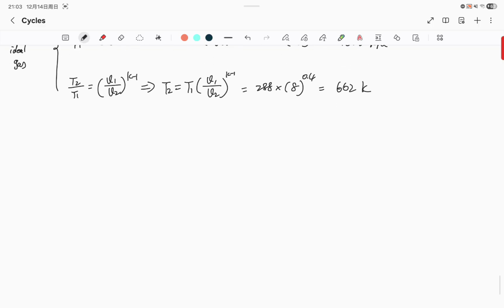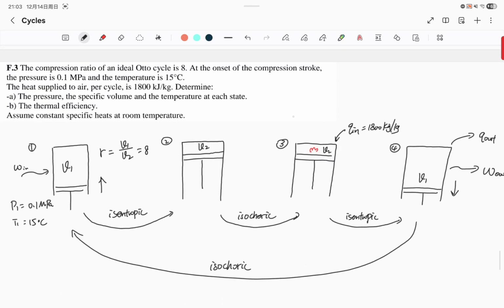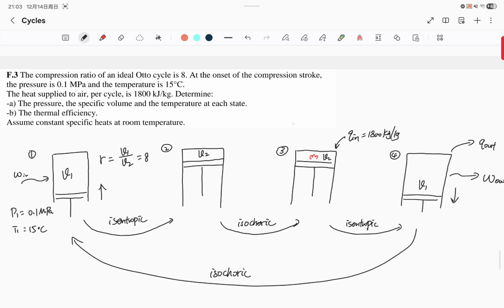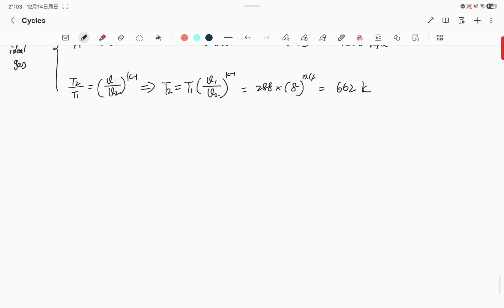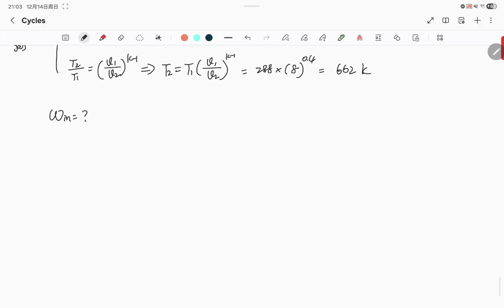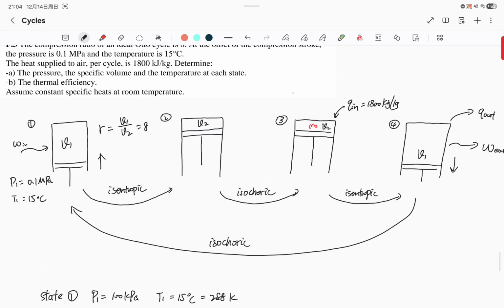How about work in? Because like I said, from state 1 to state 2, we're going to supply a bit of work. So work in. What is that? Again, we're going to apply the first law of thermodynamics for a closed system, not open system. We can use that in Brayton cycle and Rankine cycle, but here, since we have a closed system.